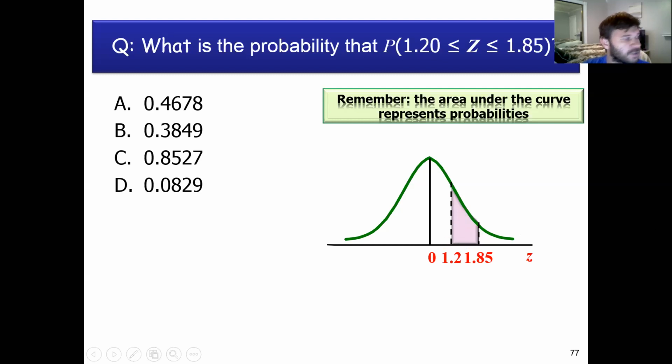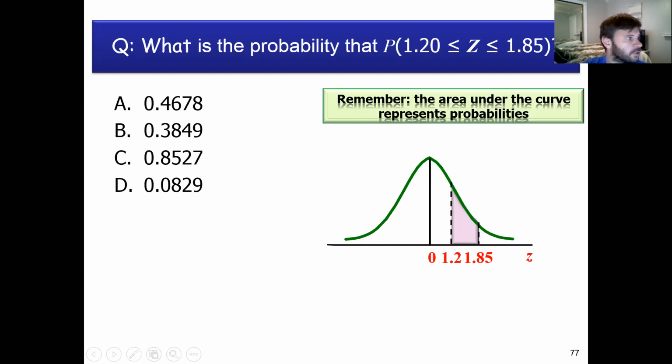And then we'll have to subtract out this region here, which is the area between 0 and 1.2. So we're going to find those 2 table values, one for a Z of 1.85, one for a Z of 1.2, and we're going to subtract them. So if you want, jump to your standard normal table, take a moment, you can pause the video, and then I'll reveal the answer.